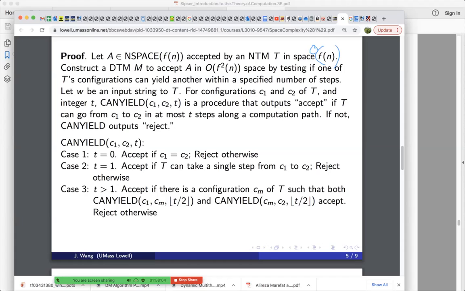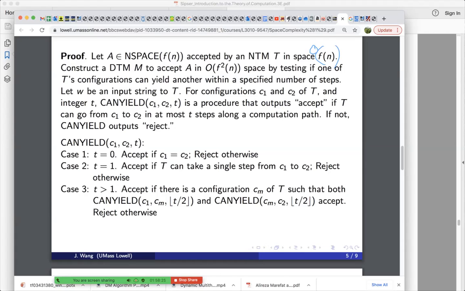So this deterministic Turing machine M accepts A in big O of f of n squared space by testing if one of T's configurations can yield another within a specific number of steps.